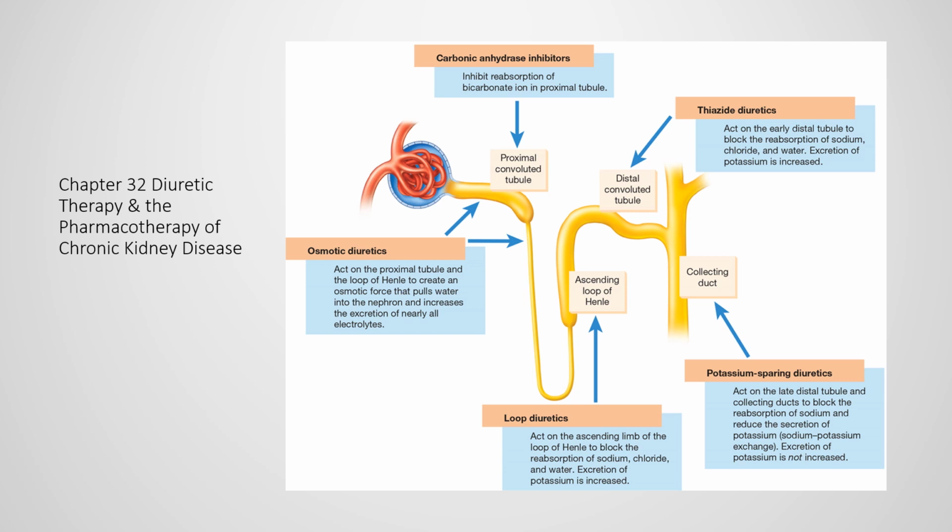So a good way to think of diuretics in general is the closer they act to the glomerulus, typically the stronger they are. Okay, the more impact they have. So a diuretic is just a drug that can make more urine, that can drain you of more fluid in the body.